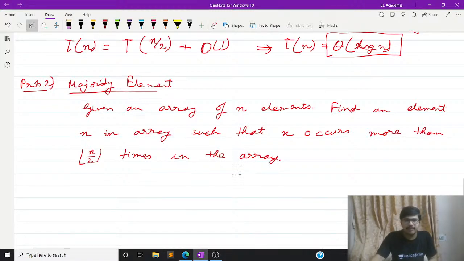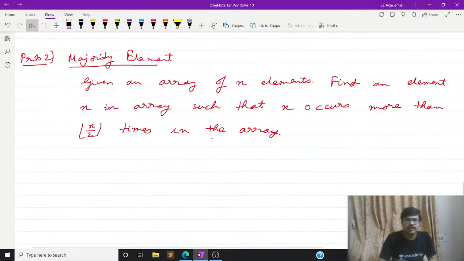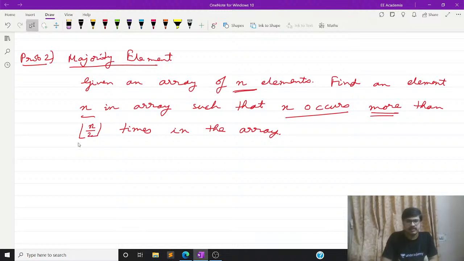So let's look at an example which will make it clear. We are given this array containing n elements, and we have to find an element x which occurs greater than n by 2 times.